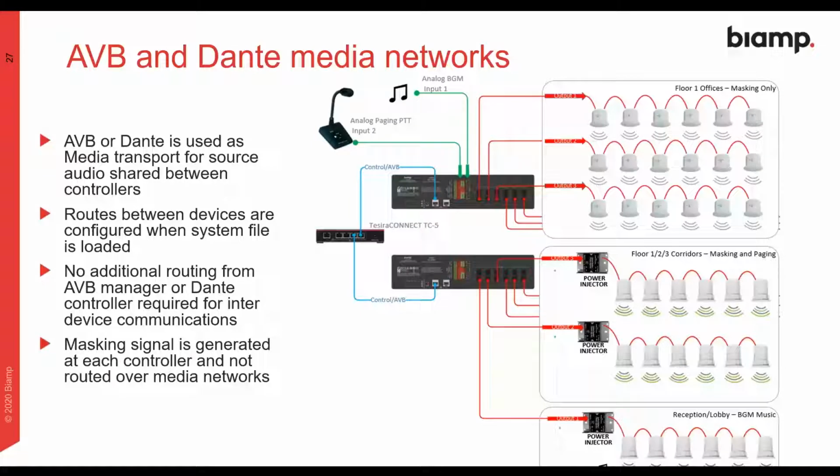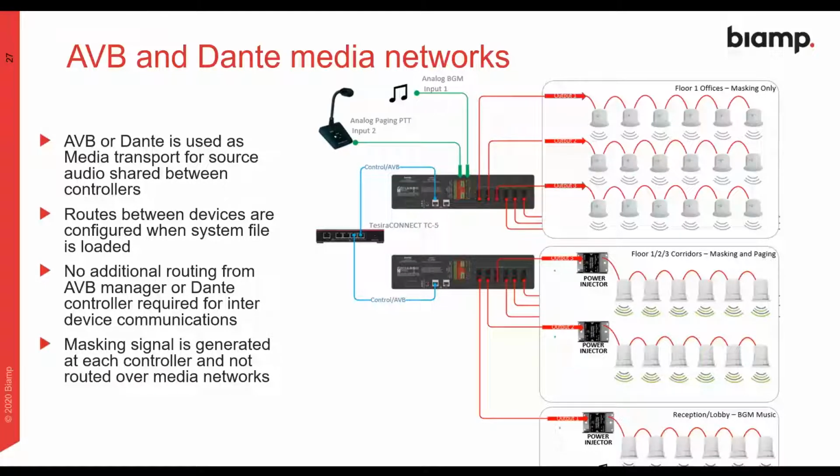When we do it this way, we don't have to do anything in AVB Manager or in Dante Controller to make this happen. This routing is all being done in the configuration. So the Qtx software, as it doesn't really compile, but I think of it as compiling into the devices, is telling the devices how to set up the routes between them.